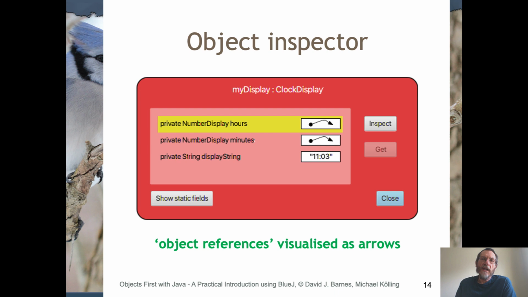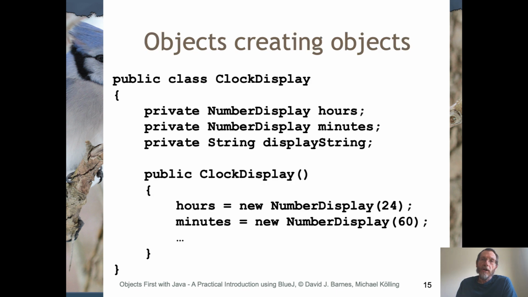So we've seen that a clock display class is defined in terms of number display fields. Let's take a look at the constructor, because we always look to the constructor to see the initialization of its fields. A very important point to take away from this discussion is that a field itself is not an object.